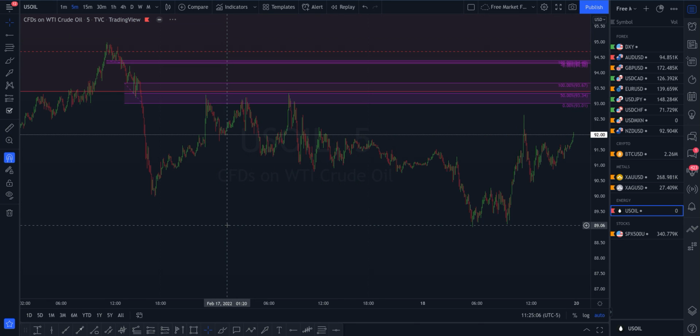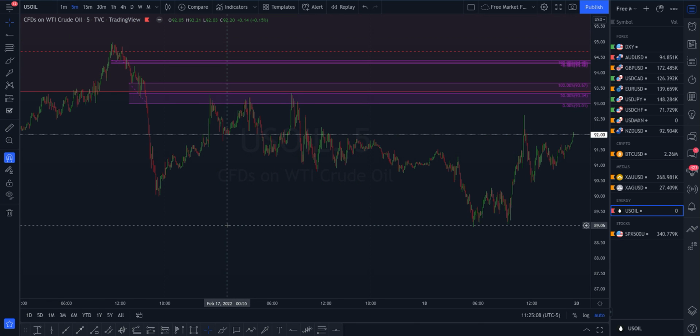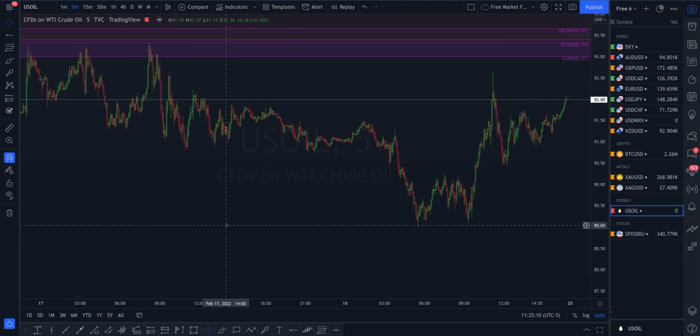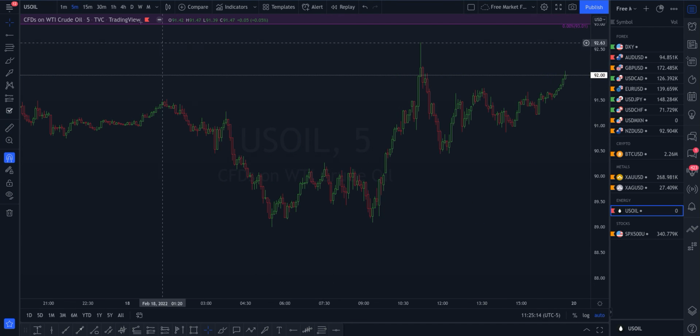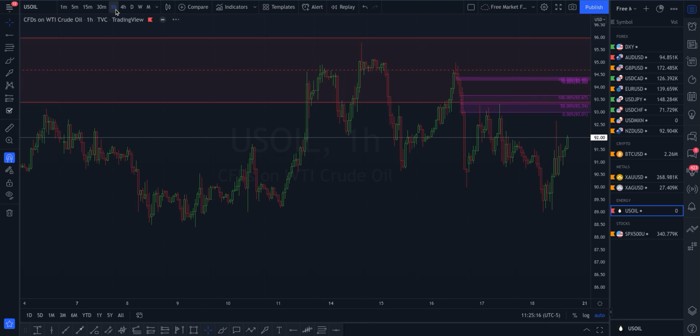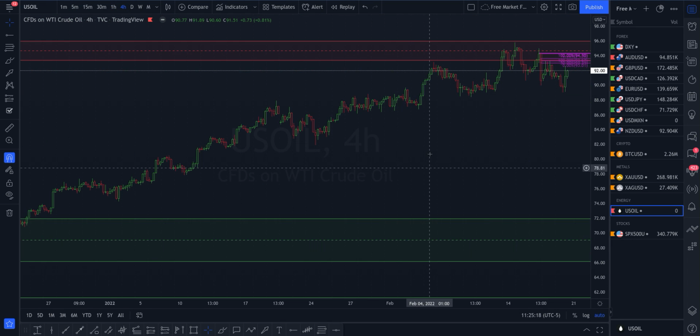Let's see. Yeah, even on the lower time frames, there's been mitigation. Let's take a look at this structure again.